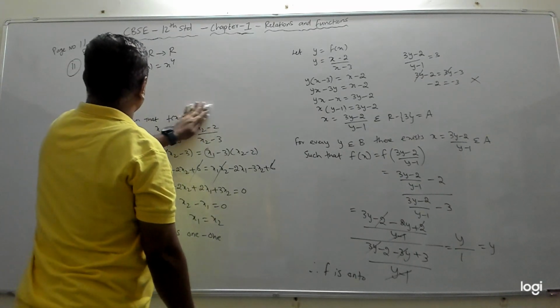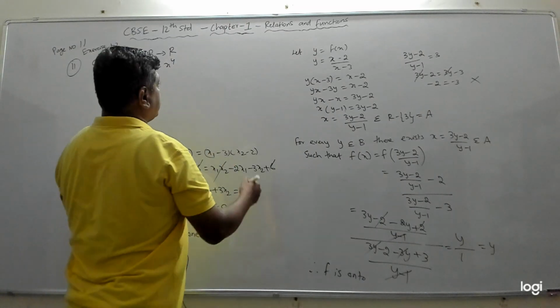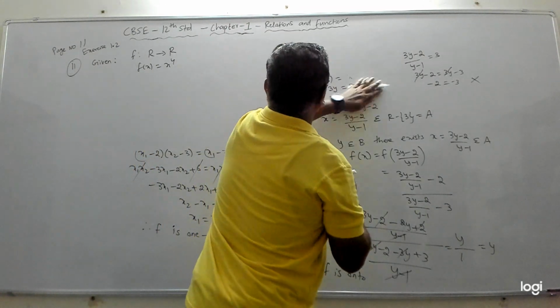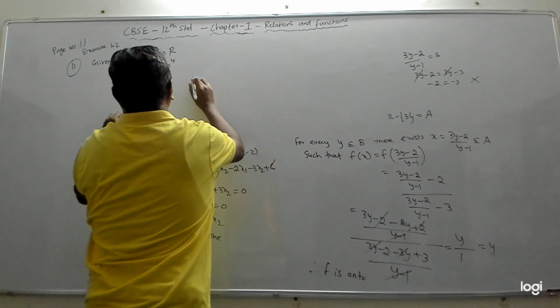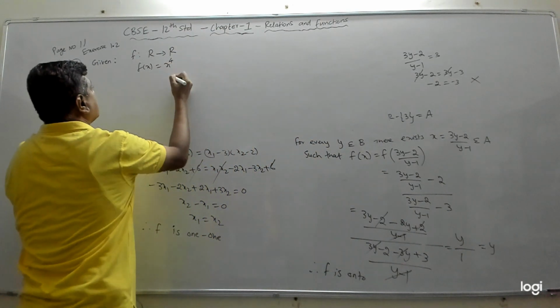Now let's look at the diagram. We'll draw the arrow diagram for the function just to understand how this function behaves. f of x is equal to x power 4, right?